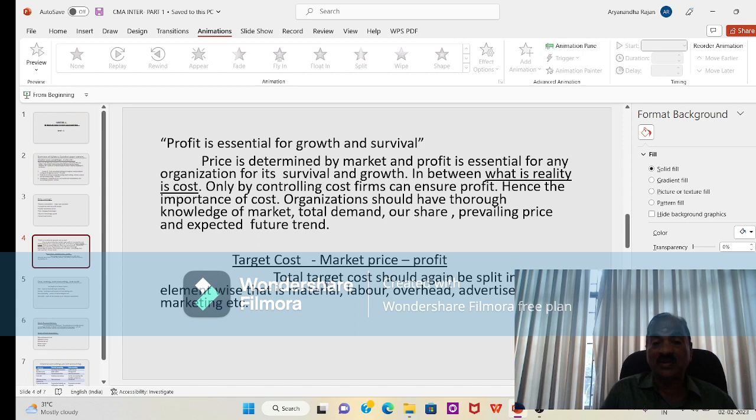For growth also, no organization can survive with the same level of operation. It should grow. Every year, the expense will automatically increase. Wages will have to be paid more. Material cost may go up. All the expenses may go up.